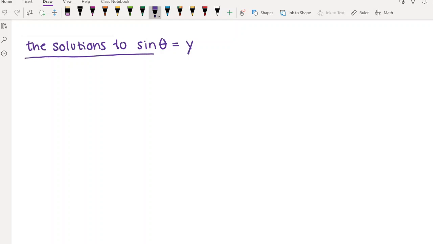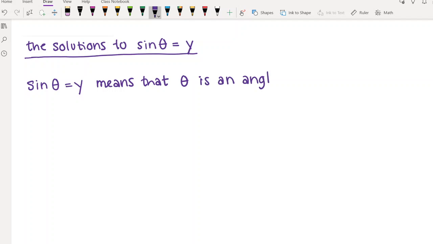Okay, so let's think for a second using the unit circle about what it really means to say that sine of theta is equal to y. So that means that theta is an angle, and you know what, I decided just now to change something. I think this will be less confusing for people if I don't use y. Let's pick a random number, and this isn't going to really fit with the problem we were just doing, but it's kind of just a side example.